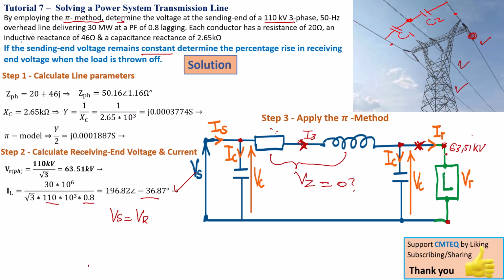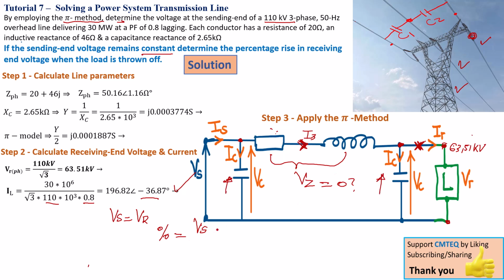But now how do you find that percentage rise? To find the percentage rise, you are going to say the percentage is equal to this Vs, that is equal to Vr, this voltage that will be across here and here.